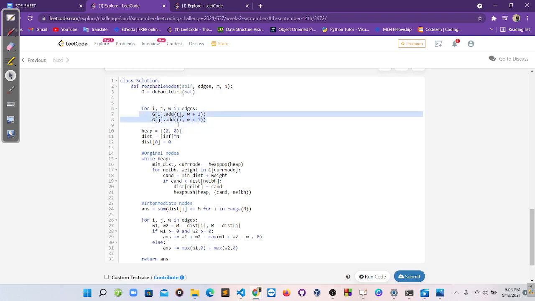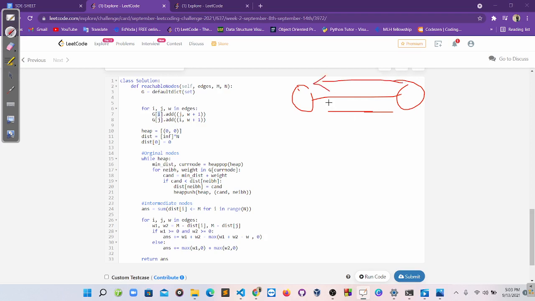So we are adding i to j and j to i because this is an undirected graph. It means from this node to this node there is a distance, and from this node to this node there is also a distance.